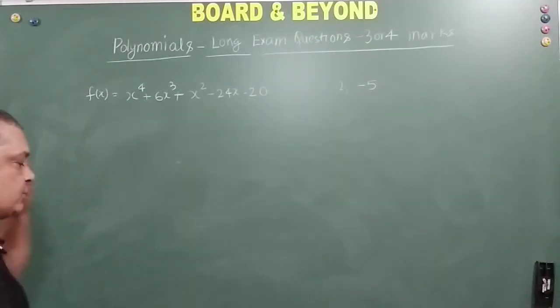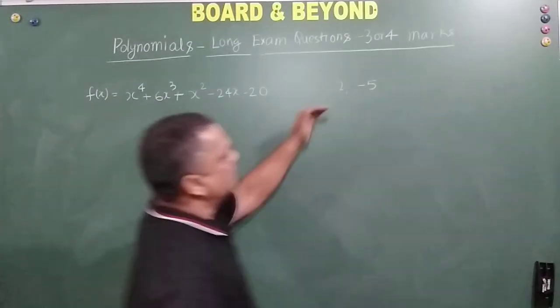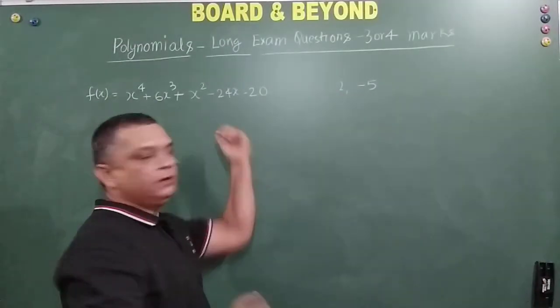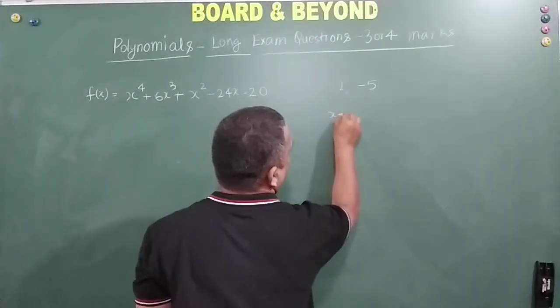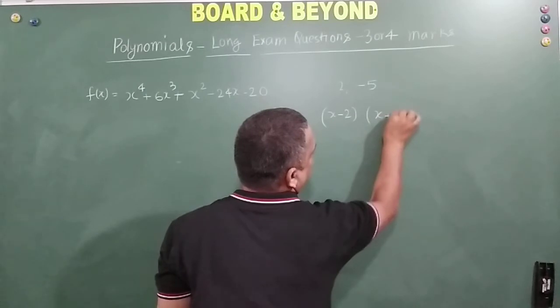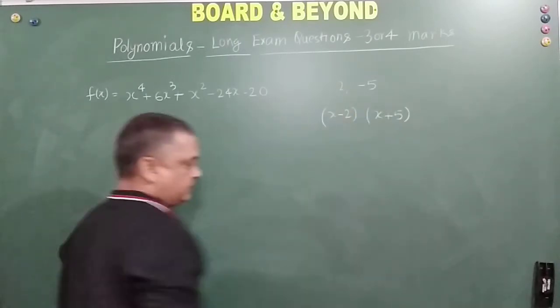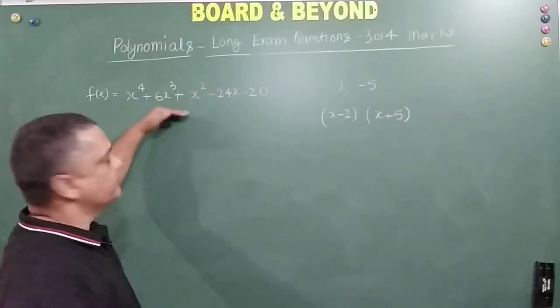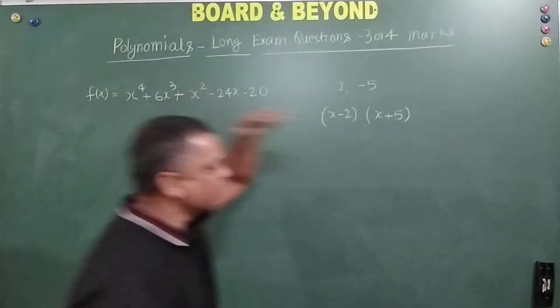So two of the zeros are given to us, my friends. These are the zeros, which means x minus of this value is a factor of this polynomial. So x minus 2 is a factor of this, as well as x plus 5. Since these are independent factors of this biquadratic polynomial, the product of these two is also a factor.